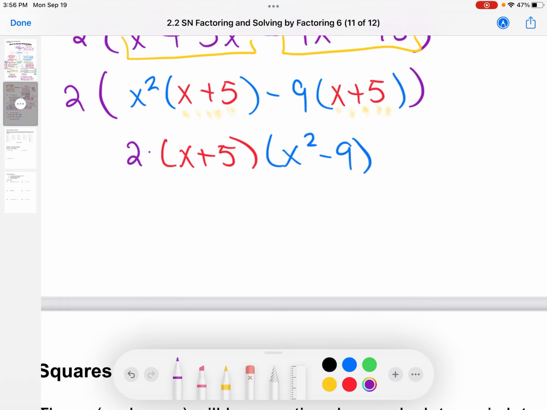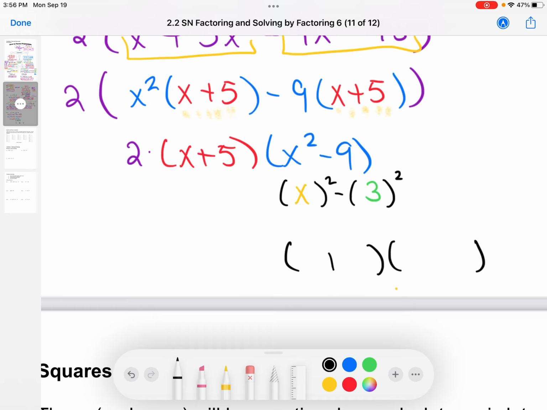If we look at x plus 5, that's not squares or cubes, but x squared minus 9 is perfect squares. So this will factor a little further. X is what we squared to get x squared. 3 is what we squared to get the 9.